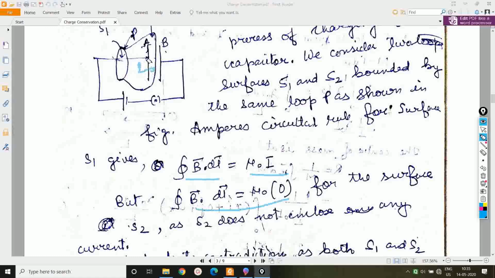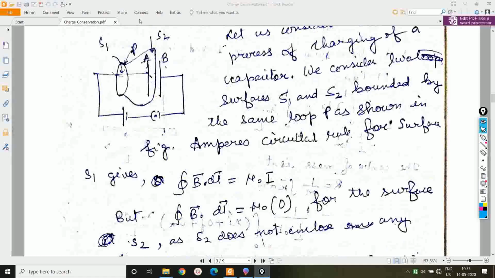Why 0? Because, as I told earlier, the current carrying wire comes to this pot shaped surface S2 but does not cross through it. It enters but does not go out, resulting in a 0 value for the current for this surface S2.